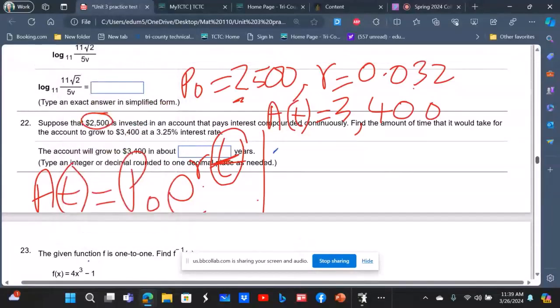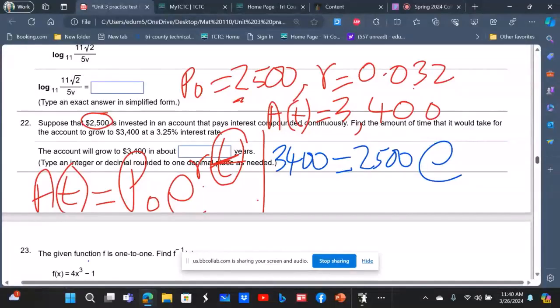The future value is 3,400. The present value is 2,500. The base is e. You want to know that the base is e.